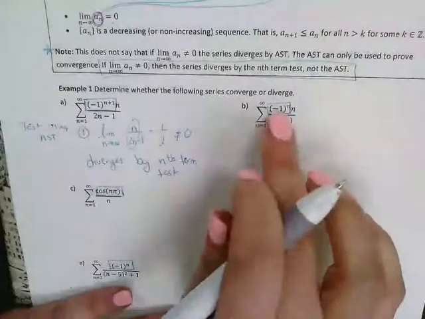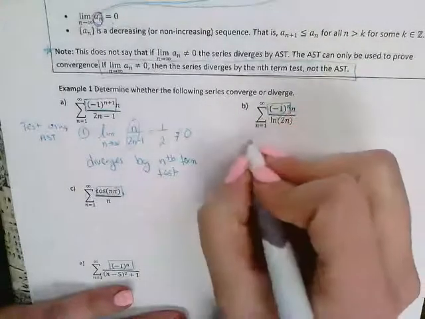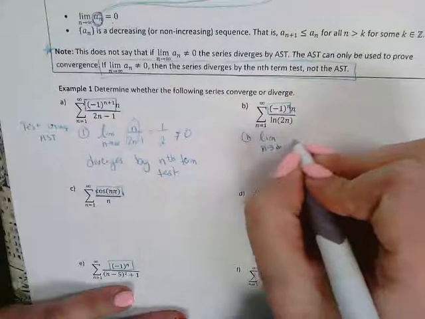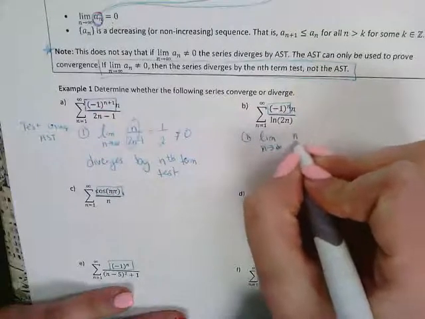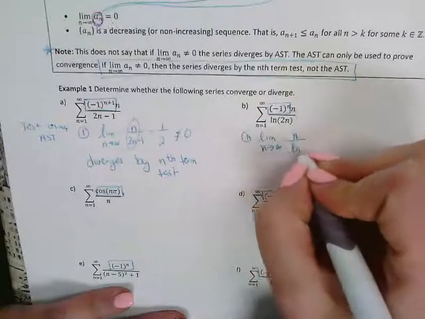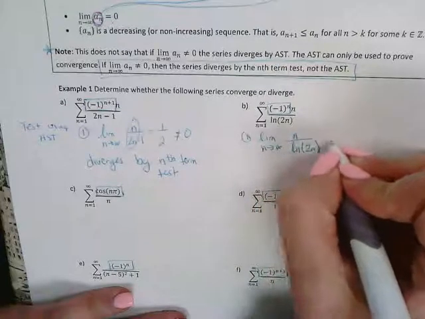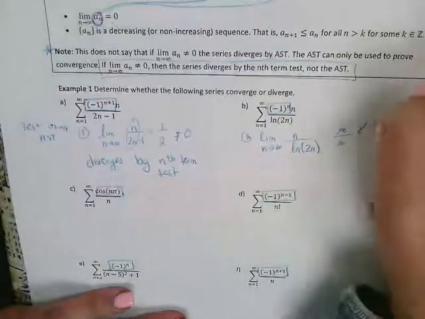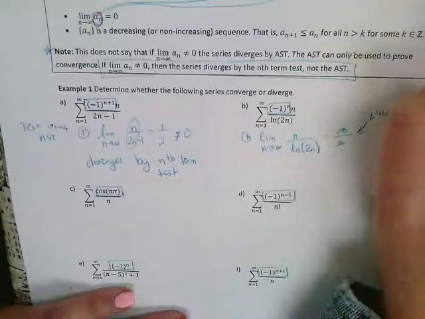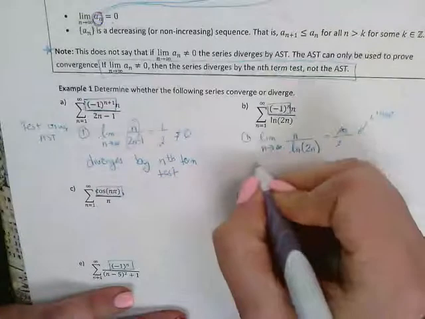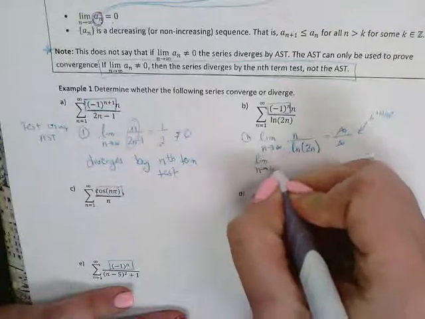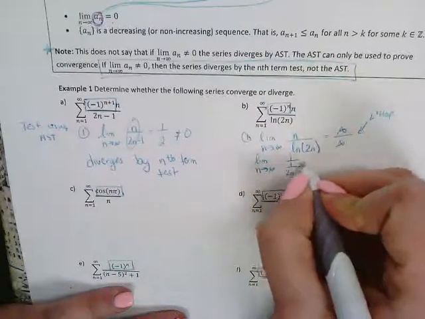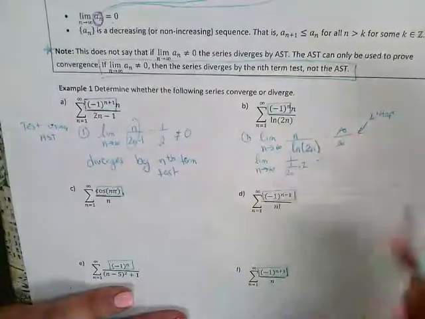Next one. We know it's alternating, so I'm going to start with my first test. I'm going to see the limit as n approaches infinity of just the a_n portion without the alternating portion, which is n over ln of 2n. Obviously this is infinity over infinity, so this is an indeterminate form, so we must use L'Hopital's rule, which is 1 over (1/(2n) times 2), and that just simplifies.